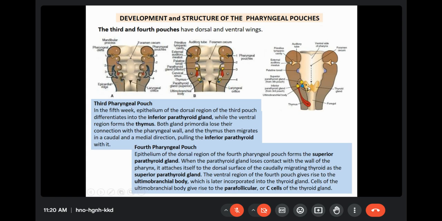Most of the thyroid gland develops from the area where the foramen cecum is still present, after part of the endoderm migrates from this region to form the thyroid gland.